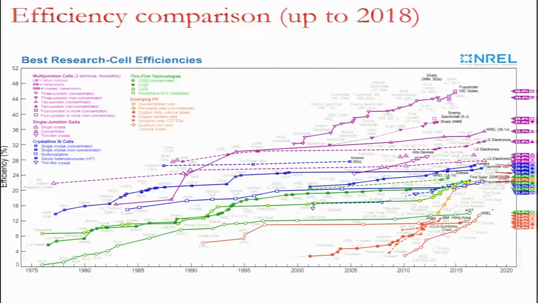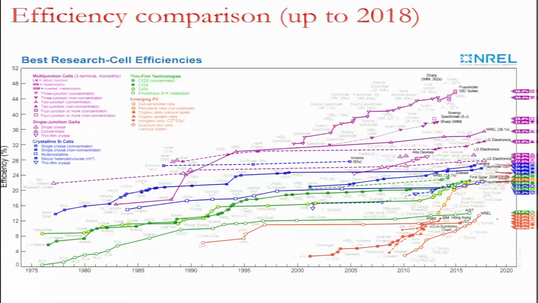And the emerging PV is the third gen technologies, and that is where we have perovskite leading the chart at 22.7. Right now it is more than 23%, as we speak today, the world record. Then the quantum dot at 13.4.